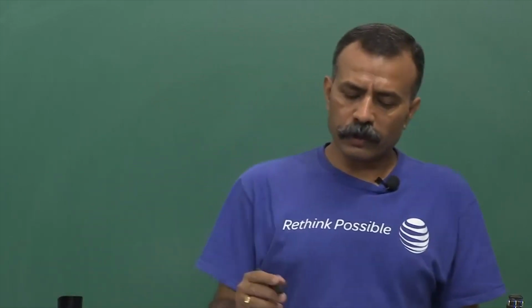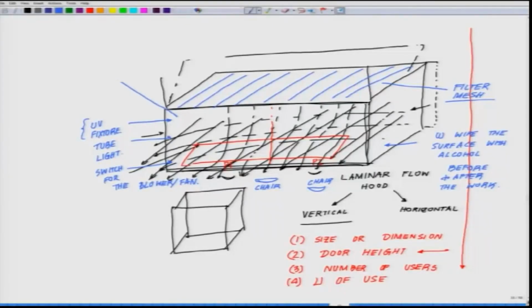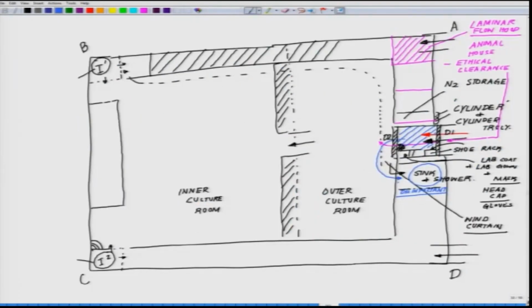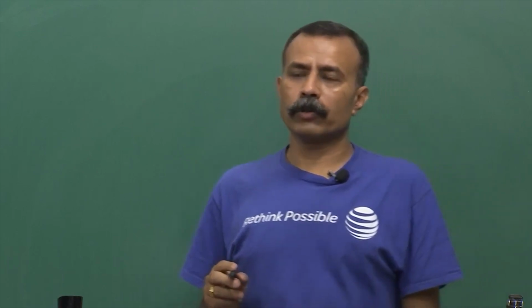But say, for example, the laminar flow hood where we started has to be kept for dissection. Coming back out in the facility, we decided that we wanted to put a laminar flow hood somewhere in this corner for dissection. If you want to use it for dissection, there are certain prerequisites you have to take into account.